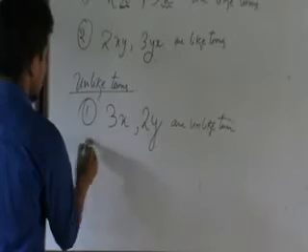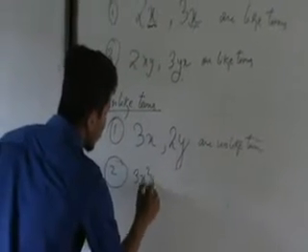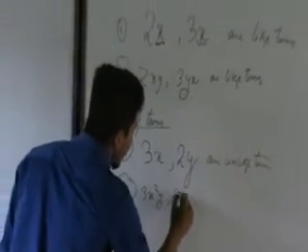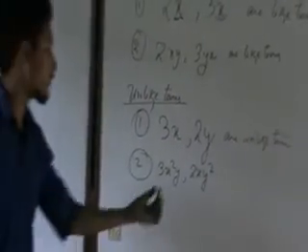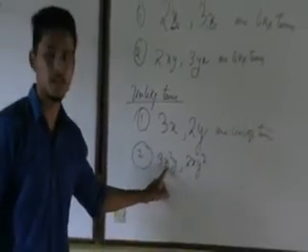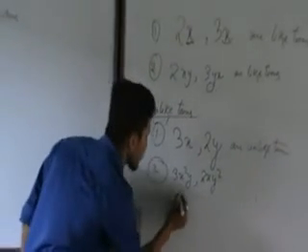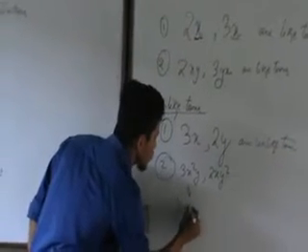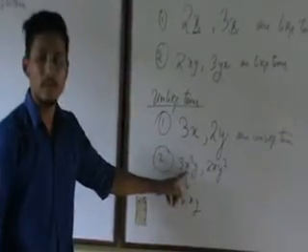Another example of unlike terms: 3x square y and 2xy square. They are also unlike terms because the factors are different. Here you have x square, meaning two x multiplying each other, that is 3 into x into x into y, and x into x is x square.